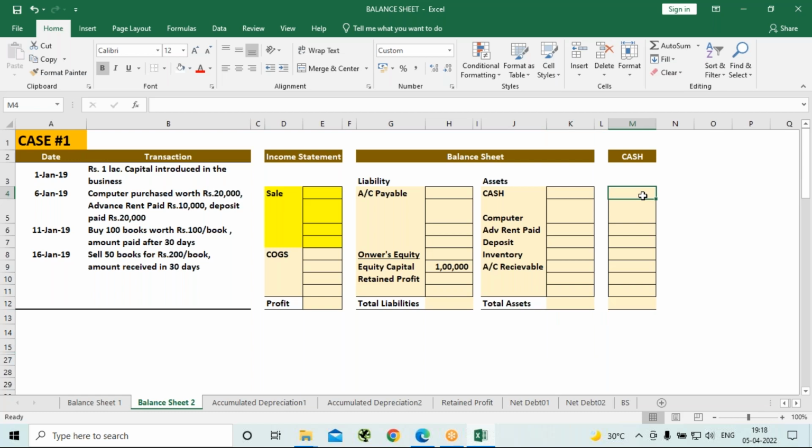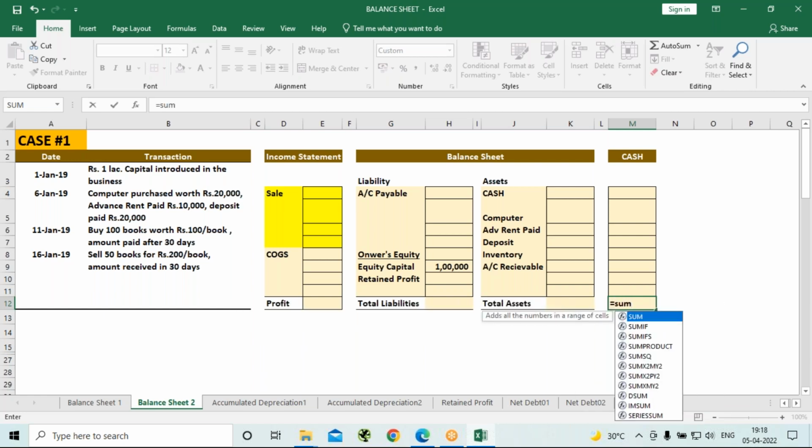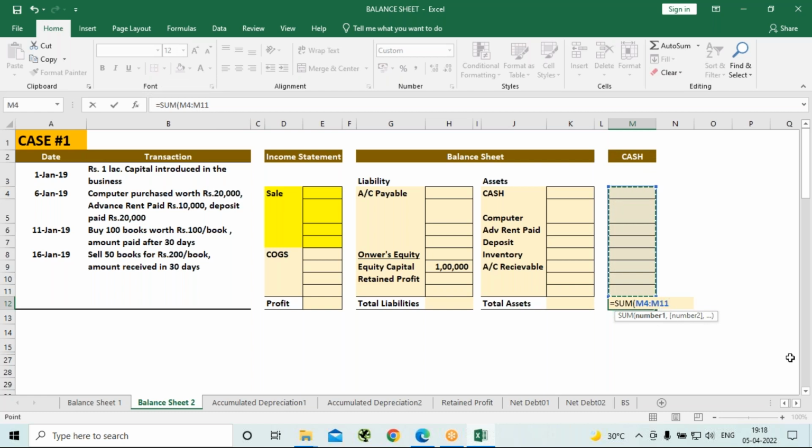I have a separate column over here for cash. Whatever values I put in the cash calculation column, I'll add all these values. So I'll select the whole table and accept it. Whatever total comes over here, let me connect it to this cell.